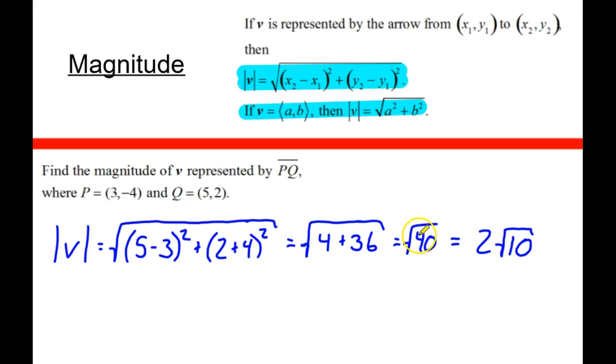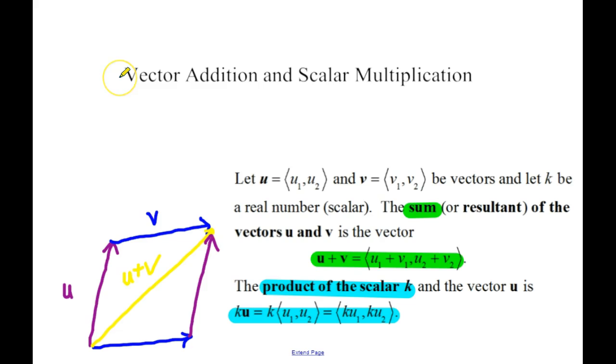We can simplify that further by breaking radical 40 up into radical 4 times radical 10, which simplifies to 2 radical 10. So the absolute value, which refers to the magnitude of vector v, is equal to 2 radical 10. That represents the length of that arrow representing the vector on the coordinate plane.